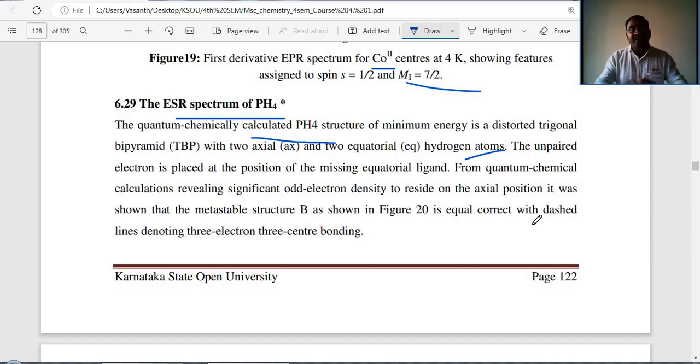The unpaired electron is placed at the position of the missing equatorial ligand. From quantum chemical calculations revealing significant odd electron density to reside on the axial positions, it was shown that metastable structure B is as shown in the figure.